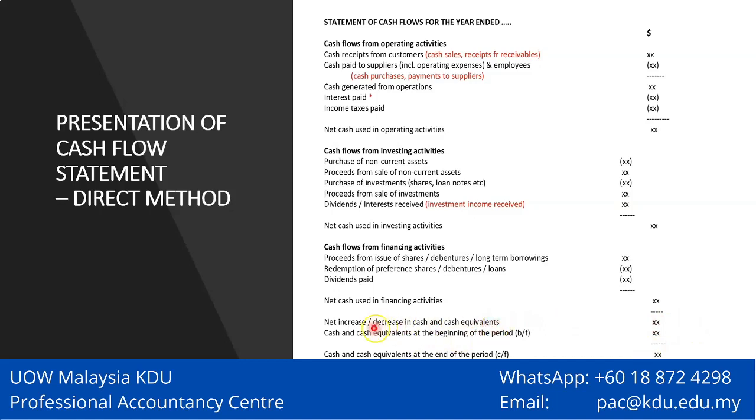Now, the cash and cash equivalents at the beginning of the period, the brought forward amount, this is the opening cash and bank balances. Cash and cash equivalents at the end of the period, this is the closing cash and bank balances. So if you add your net change back to the opening balances, it should match what you see for your closing balances. Then you know you've gotten your calculation correct.